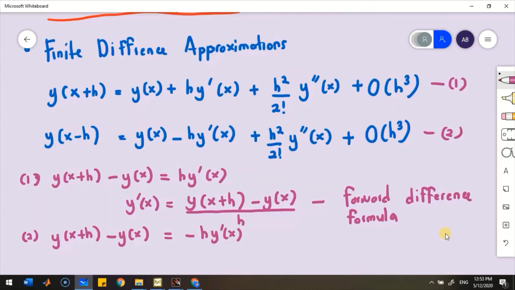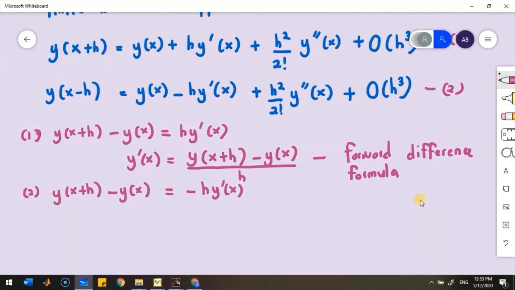Multiplying both sides by the negative term and writing in the form of y'(x), the negative becomes positive. This is positive, it will be minus y(x+h) divided by h.